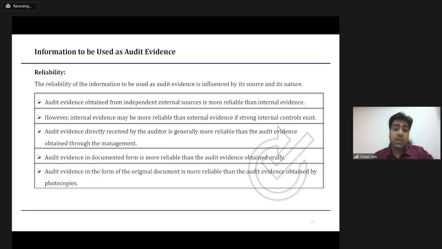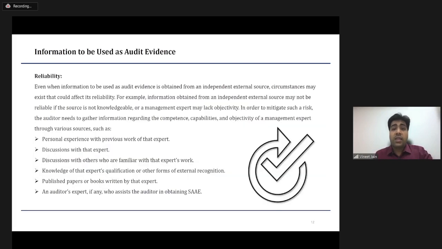This is an exception to the reliability of external sources. We need to see the competence and capability of that particular expert through which we are gathering audit evidence. So even when the information is obtained from an independent external source, circumstances may exist that could affect its reliability.